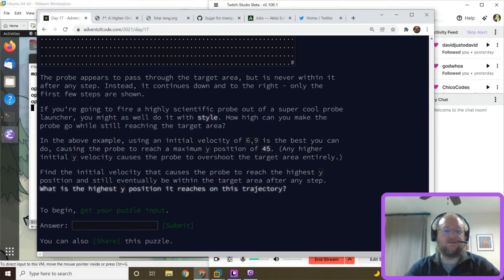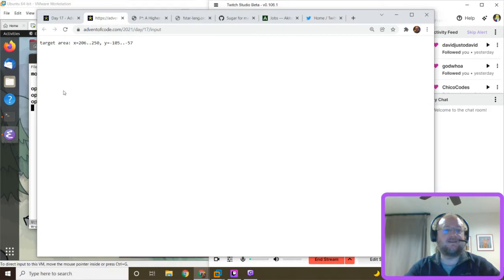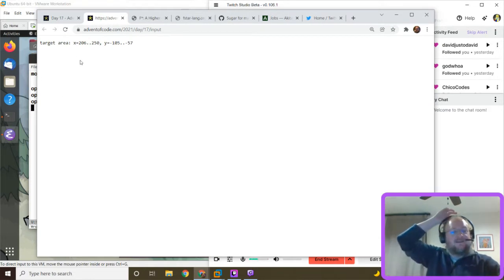How high can you make the probe go while still reaching the target area? Okay, what is the highest? Huh.